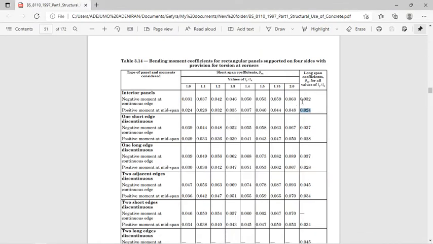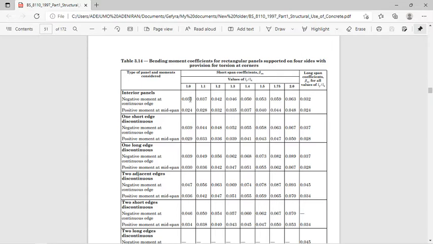But if I want to do it like a short panel, then I have to do ly over lx, which will be 6 meters divided by 6 meters, which will fall in this category. And you can clearly see that the coefficient of the positive span moment is the same as we have here in the long span coefficient.